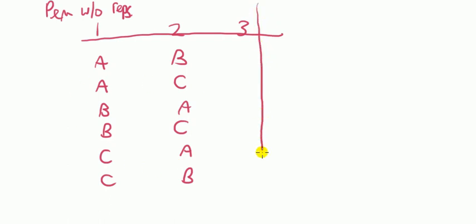Another way, if you're not into the tables, is to express this in terms of a tree. Look, we have A, then A can go to B, C. So this is like 1st position, 2nd position, 3rd position.